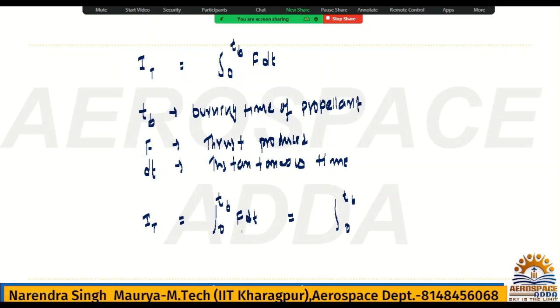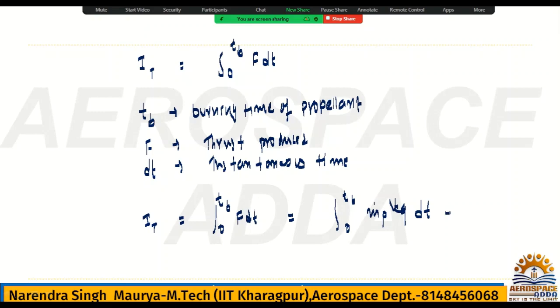Then what is the thrust force? Thrust force is nothing but mass flow rate of the propellant, as we had seen in previous lectures. If you go and check what is the thrust produced by the rocket engine, F, which is nothing but m dot p into effective equivalent velocity, m dot p into v equivalent, and dt will be as usual. All right.